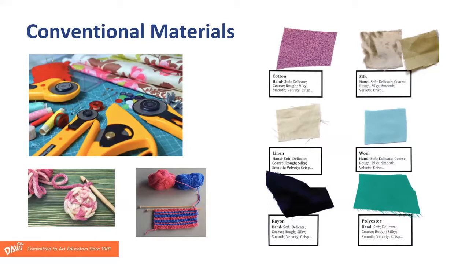These are techniques that can be modified very easily in the classroom. This slide shows knitting, crocheting, and various fabrics made with plant and animal matter or through synthetic means, along with some basic hand tools that you would want.